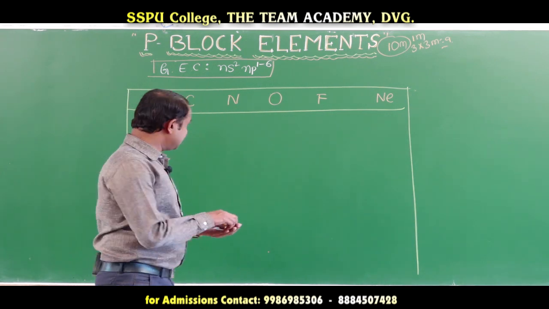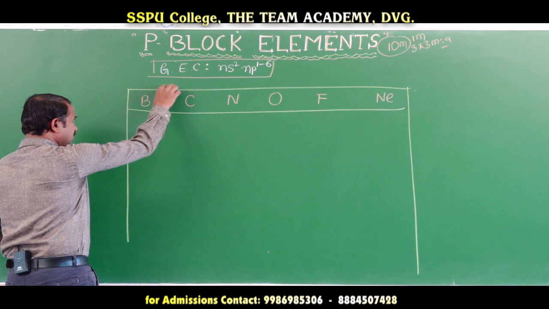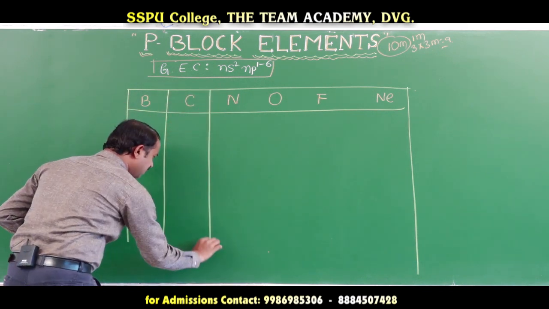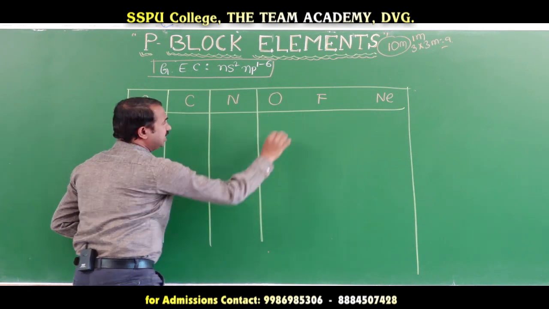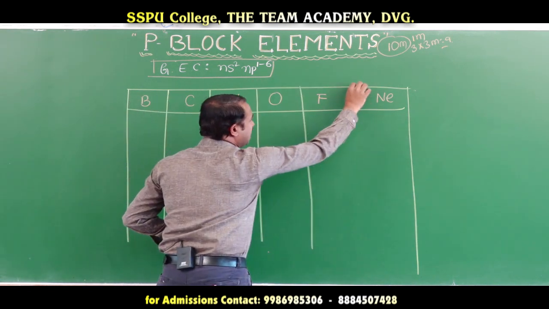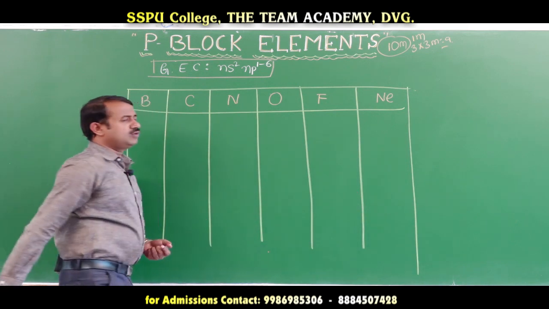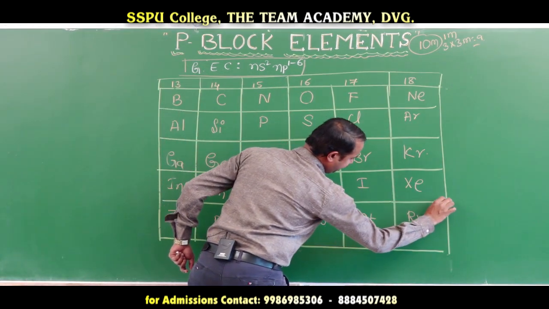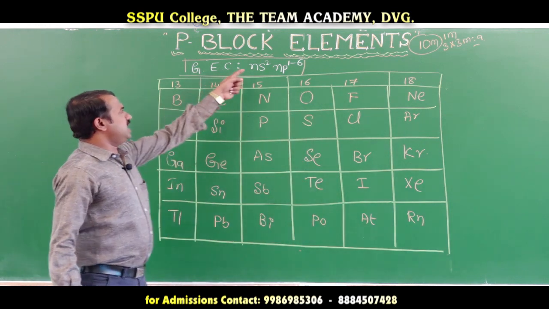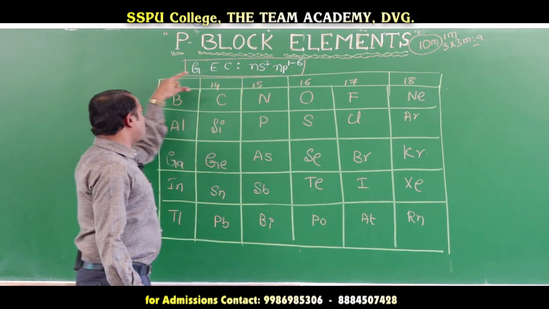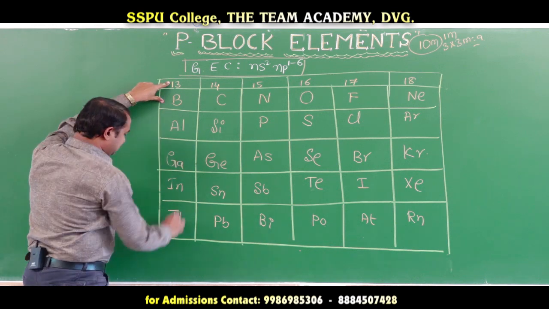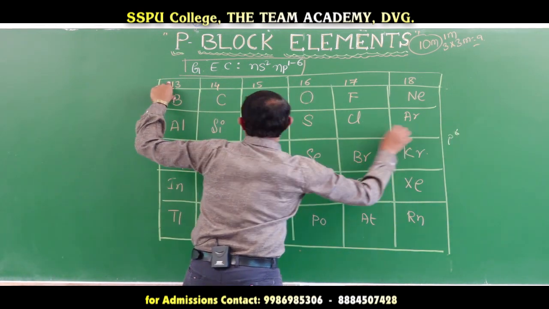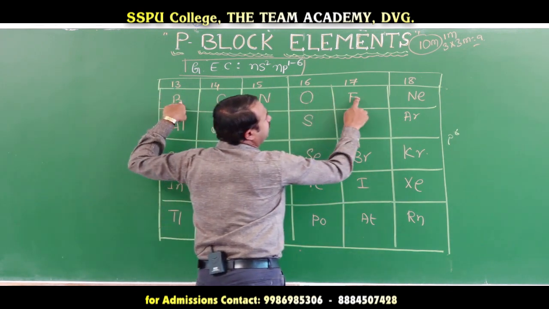Here we have the boron, carbon, nitrogen, oxygen and fluorine families. The general electronic configuration of P block elements is ns2 np1 to np6, that is p1, p2, p3, p4, p5, p6.